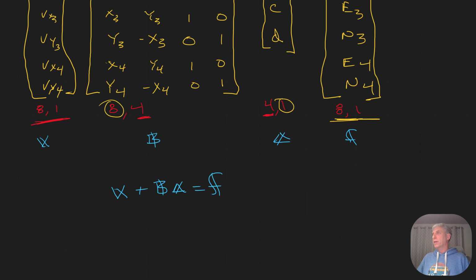Equals our F vector, which is the same as our vector of residuals being equal to F minus B delta. So this is what we really want, because this is how we get our vectors, or our residuals.